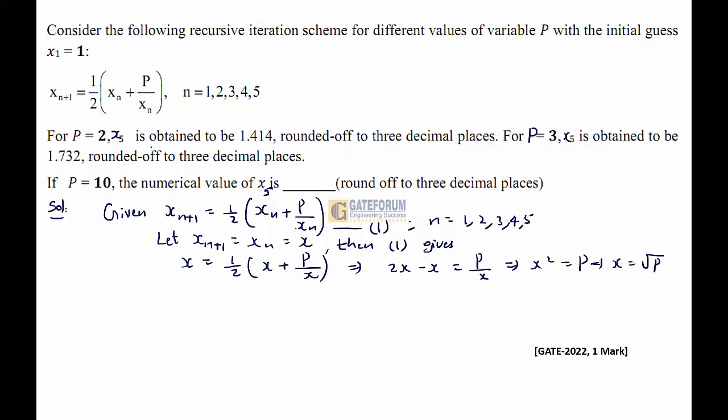So the given recursive iteration is the iterative formula for finding the square root of a given number p by using Newton-Raphson method.